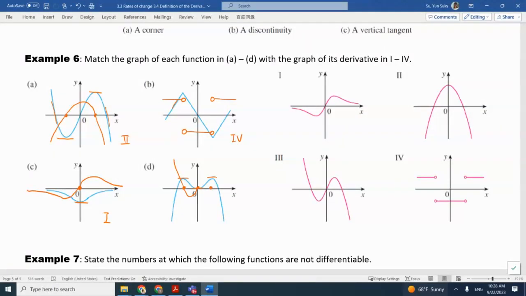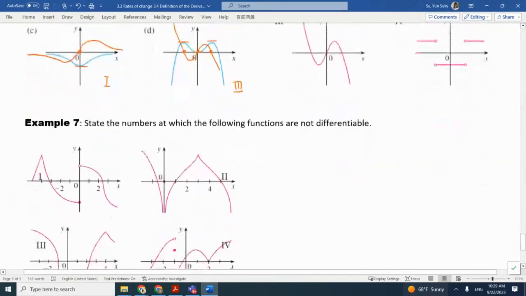Next, this piece, positive, so above the x-axis. And then finally, what? Negative, so below the x-axis. Which picture looks like this? 3. Okay, everybody? So now I can give you the graph and you can draw the graph of the derivative.